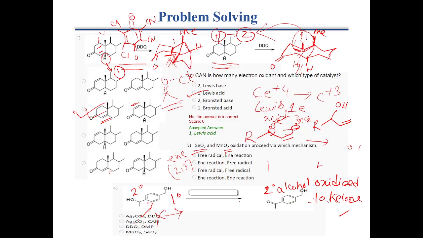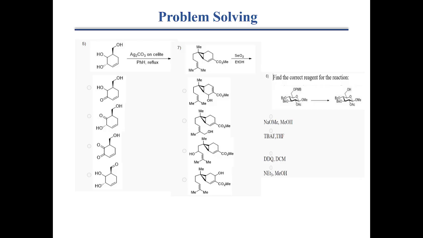DMP will oxidize primary alcohol faster than secondary alcohol. MnO2 also oxidizes primary alcohol first and then secondary alcohol. So the right answer is the second one, silver carbonate and sodium ammonium nitrate. Both oxidize secondary alcohol to ketone first, then primary alcohol.